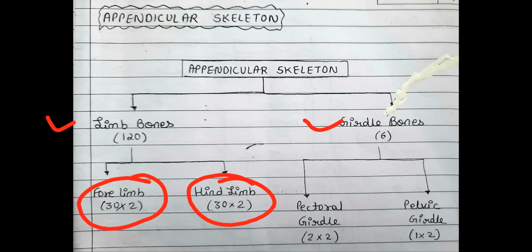The girdle connecting the forelimb bones with the axial skeleton is called the pectoral girdle, and the one connecting the hind limb bones with the axial skeleton is known as the pelvic girdle. Again, I will use the diagram to make you understand.